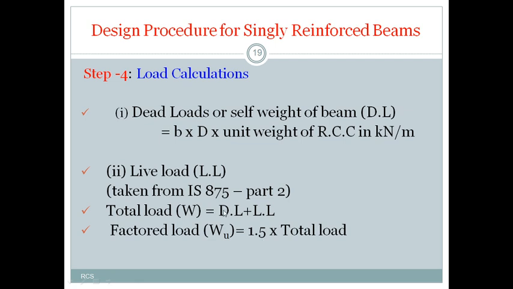We know as per limit state of collapse in flexure, when we use a combination of dead load plus live load, then you can use the partial safety factor of 1.5. So the obtained total load can be multiplied with 1.5, then we get the factored design load, that is WU. According to this, we can calculate the dimensions of the RC member and the amount of steel reinforcement required. So the factored load WU is nothing but 1.5 times the total load.